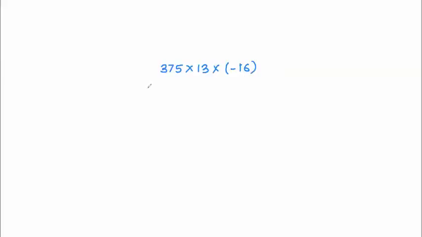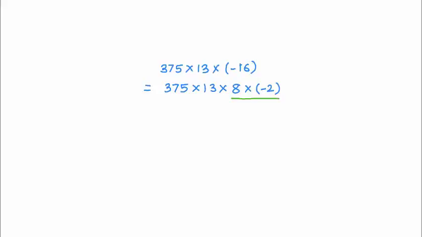So we'll just do this one step extra. 375 multiplied by 13 multiplied by 8 multiplied by minus 2, because we know that 8 multiplied by minus 2 is equal to minus 16. So we have factorized minus 16 as 8 into minus 2. Now we will use the commutative property.